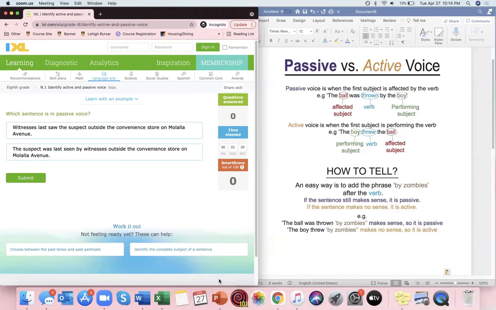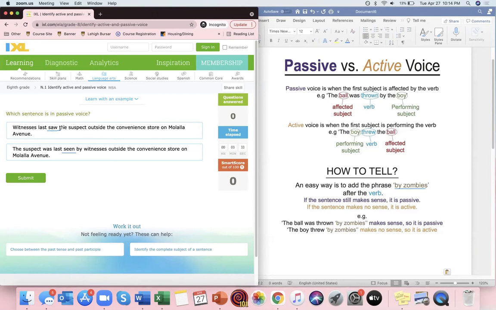All right, so we have our first example here. Witnesses last saw the suspect outside the convenience store on Malala Avenue, and the suspect was last seen by witnesses outside the convenience store on Malala Avenue. So I underlined the verb here, and now let's add by zombies after the verb.